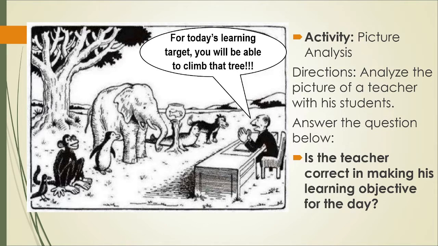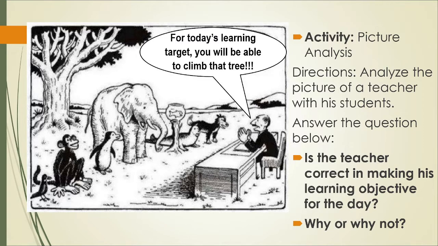No, sir, because some of the students will not achieve the objectives, because the others cannot climb the tree. Okay. So, the learning objective, which is climbing a tree, is not attainable by the other students.